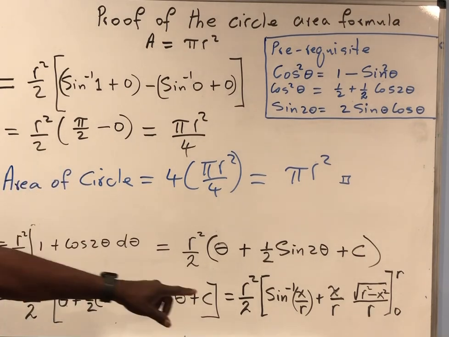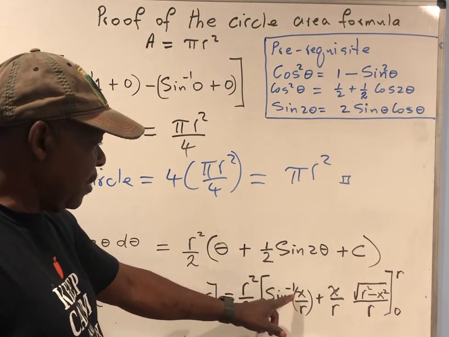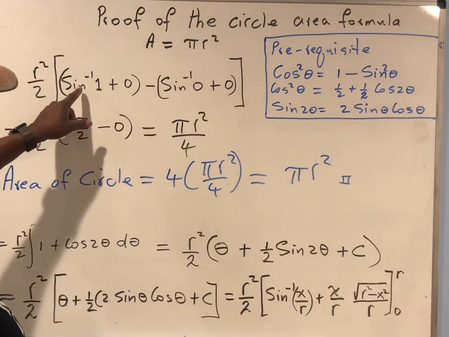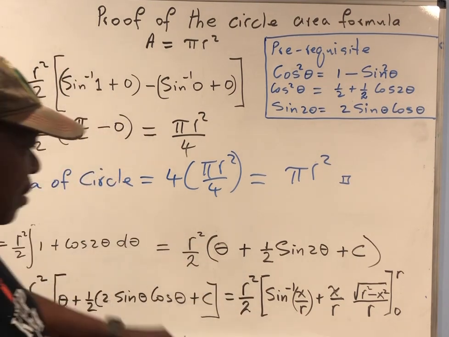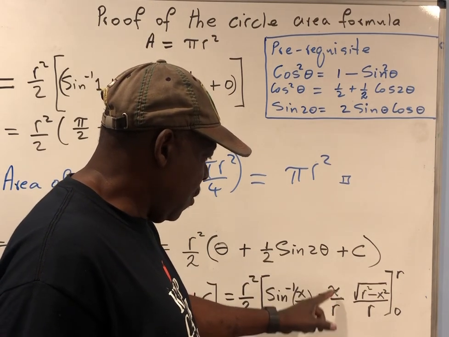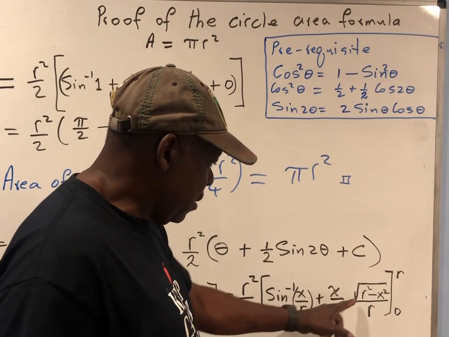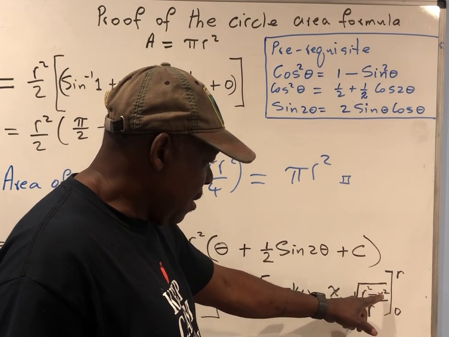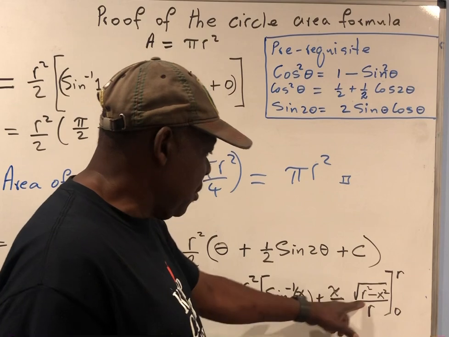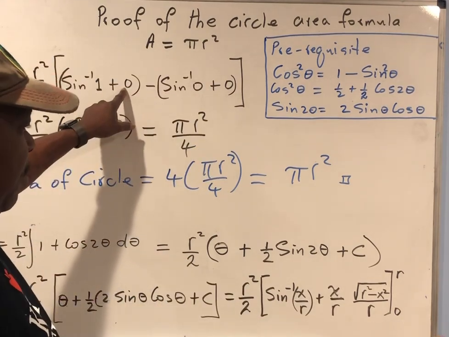And so we have sine inverse r over r would give us sine inverse 1. And r over r would give us 1 there. And r squared minus r squared will give us 0. So this term goes to 0.